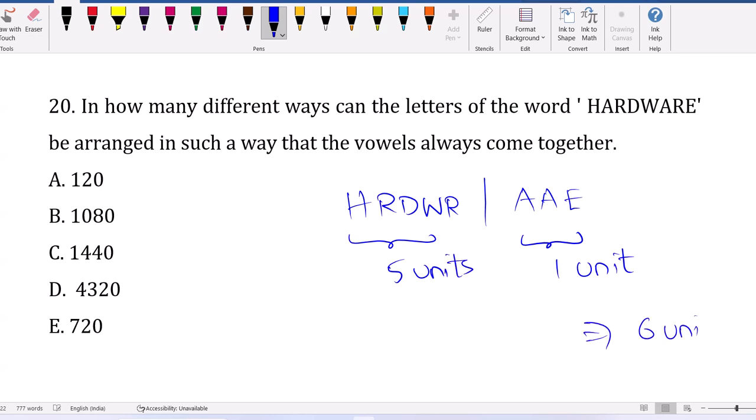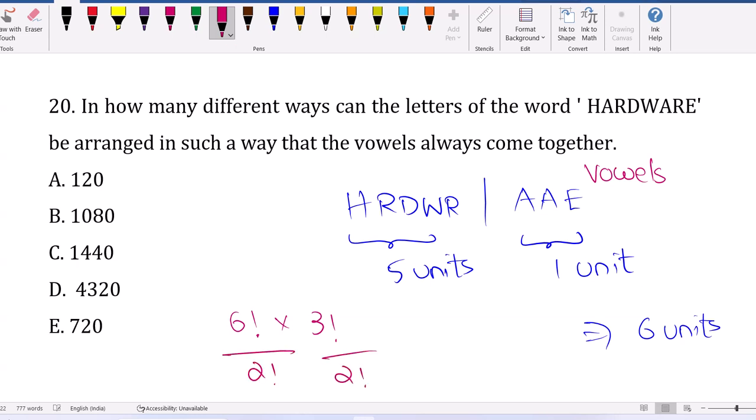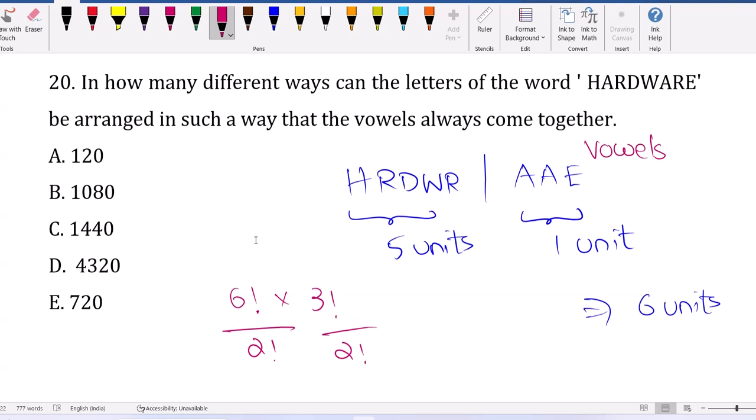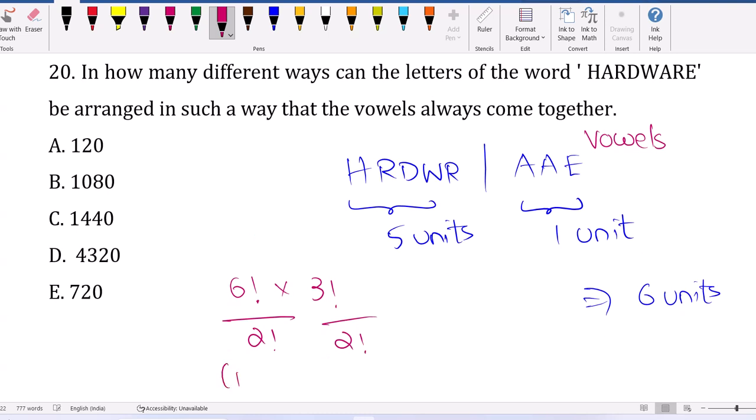How many ways? 6 factorial, which is 720, into 3 factorial because vowels internally can be arranged in 3 factorial ways. But the answer is divided by 2 factorial and 2 factorial extra. Why? Because R came 2 times and A came 2 times.